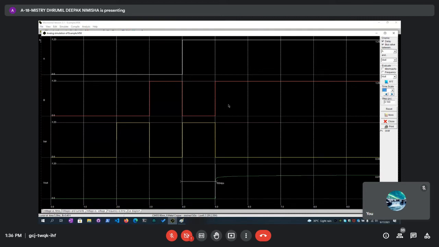That's why it will not give you a strong one. Instead, it will have some voltage drop and give you a voltage less than the supply. 1.2 volt is the supply. Actually, you should get 1.2, and that is called a strong one. But here you will not get it, and the reason behind it is the voltage drop across the elements.